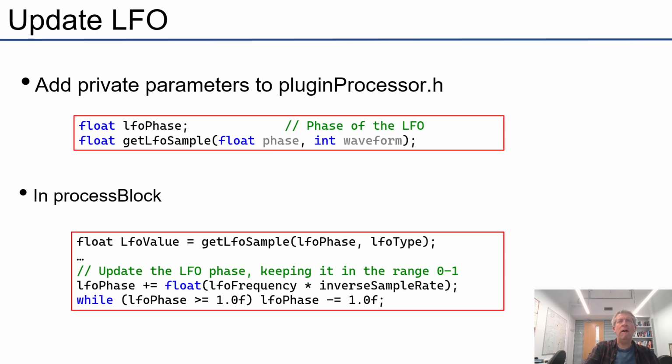We have private parameters in the PluginProcessor.h, the LFO phase and getLFOSample. In the process block, we simply increment the LFO phase each time, and so we're able to track the change in the LFO.